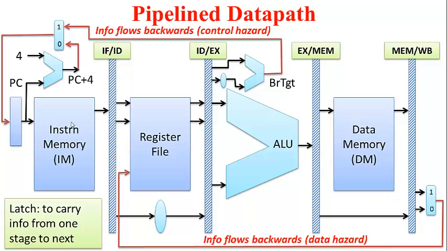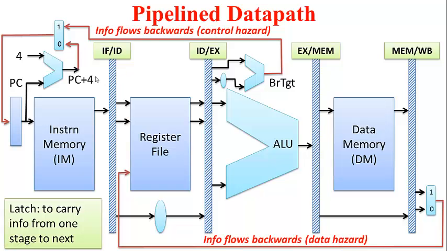One important difference from the multi-cycle implementation is the presence of these large latches. So these are large latches which I have shown here. These latches exist between one stage and the next. And unlike in the case of the multi-cycle implementation, where the latches were all used for the same instruction at any given point of time, these latches are going to be used for different instructions at different stages in the pipeline.